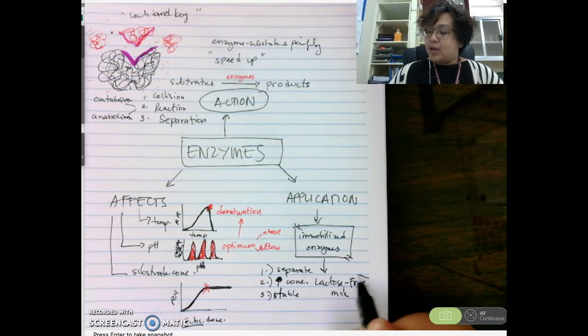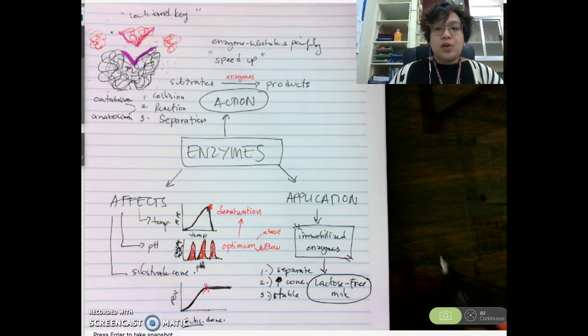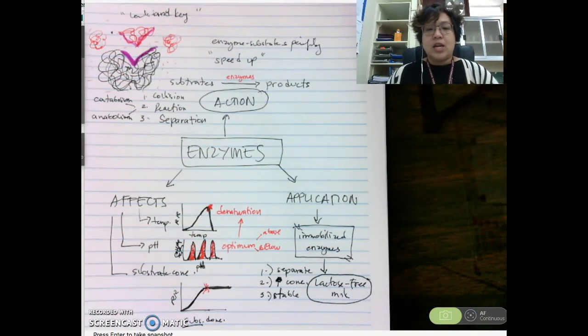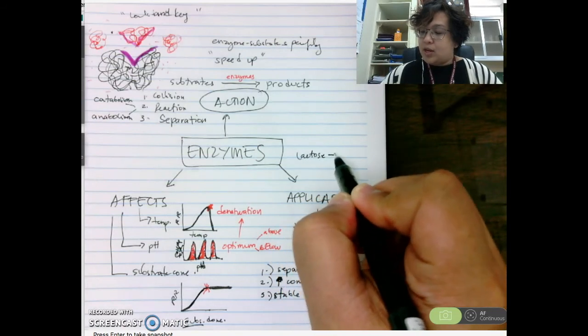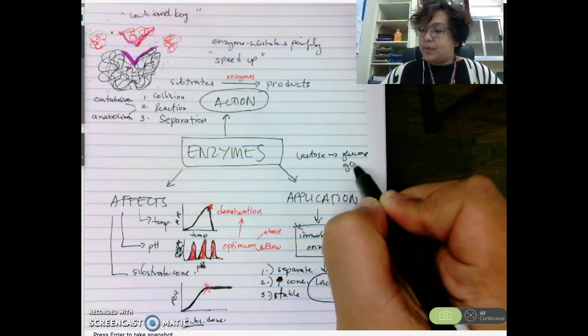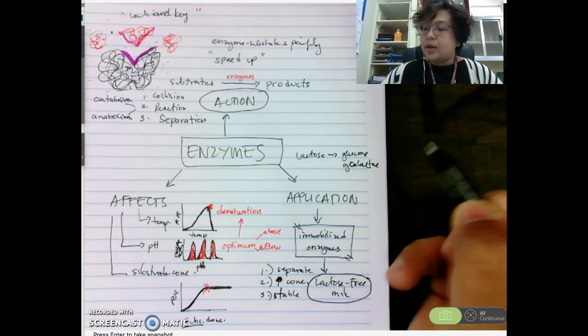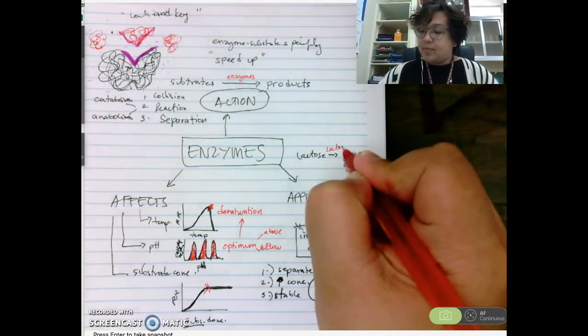A quick explanation here. Some people have lactose intolerance, meaning they cannot digest lactose because they don't have lactase enzyme. Lactose is normally broken into your glucose and galactose. Now, some people have lactase enzyme.